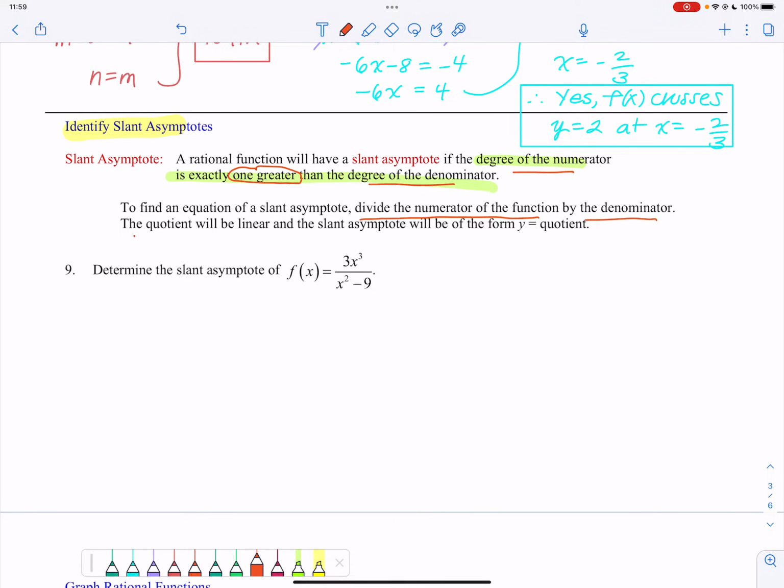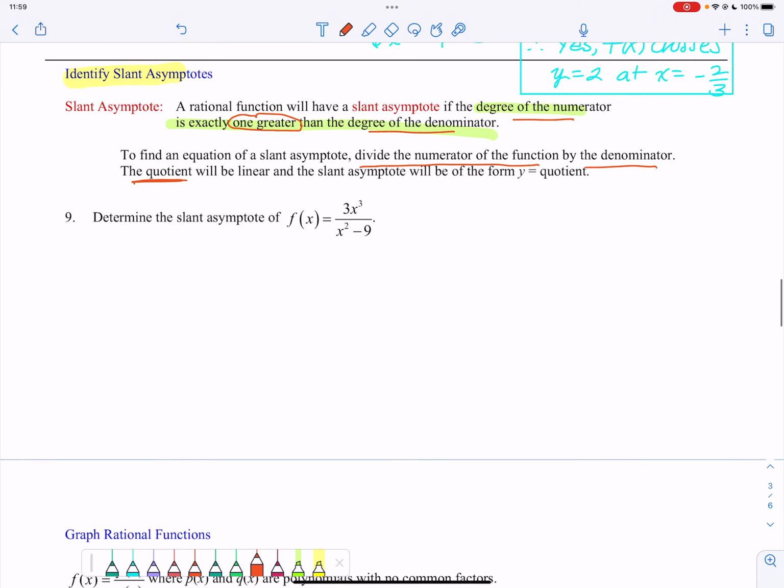And that quotient that is remaining will be linear, and the slant asymptote will be of the form y equals the quotient. So as you can see here, the degree of the numerator is 3. The degree of the denominator is 2. Since this is exactly 1 more than m, we have a slant asymptote.